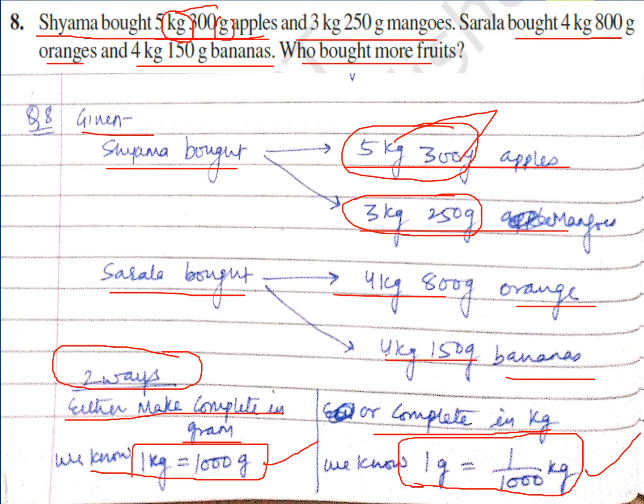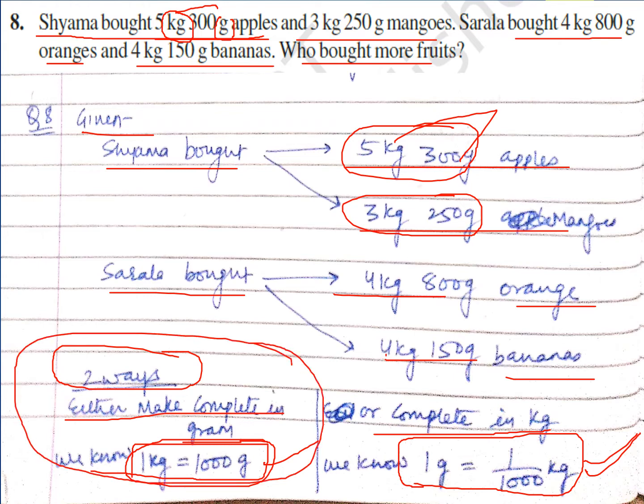They give the answer in a minute or a second, but division and such things are a little bit complicated. So I personally prefer making this unit because here I have to multiply. I want to skip this division part as much as possible. So let's go with the first way, that we will make the complete unit grams.